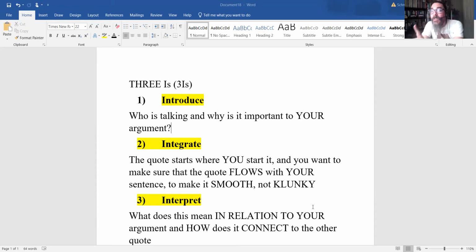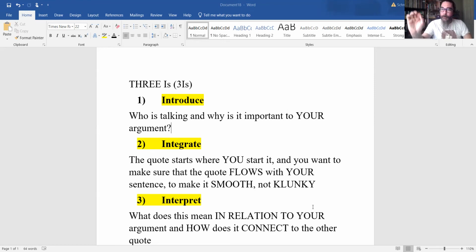Interpretation is not summary. You don't just repeat the words in your own words of what the quote is. You talk about what the quote is saying and how it pertains to the argument that you are saying. You don't just repeat it. You actually interpret it. Summary, my friends, is not analysis. And you want to use your quotes.